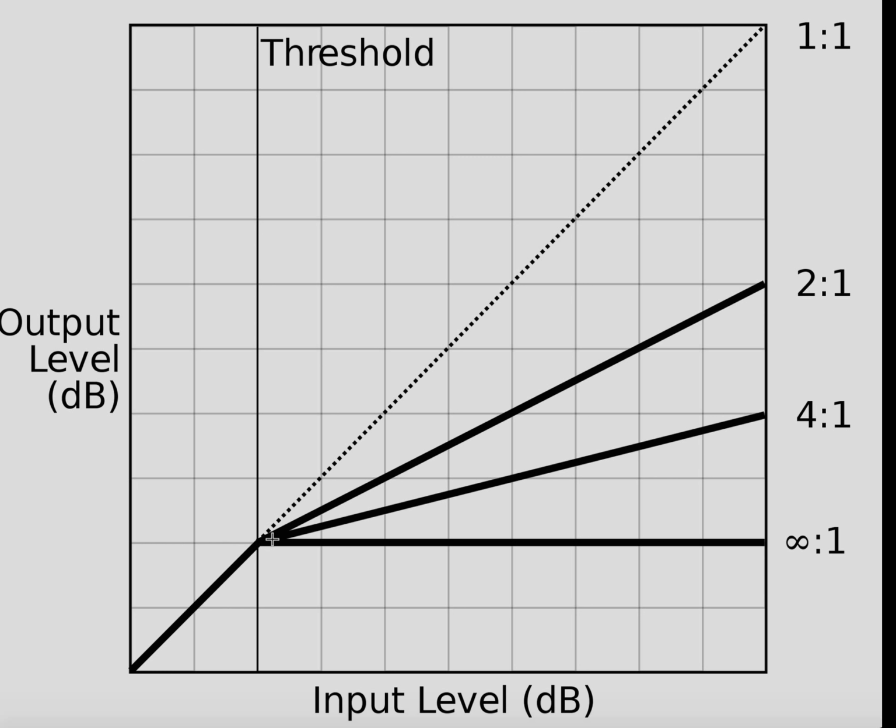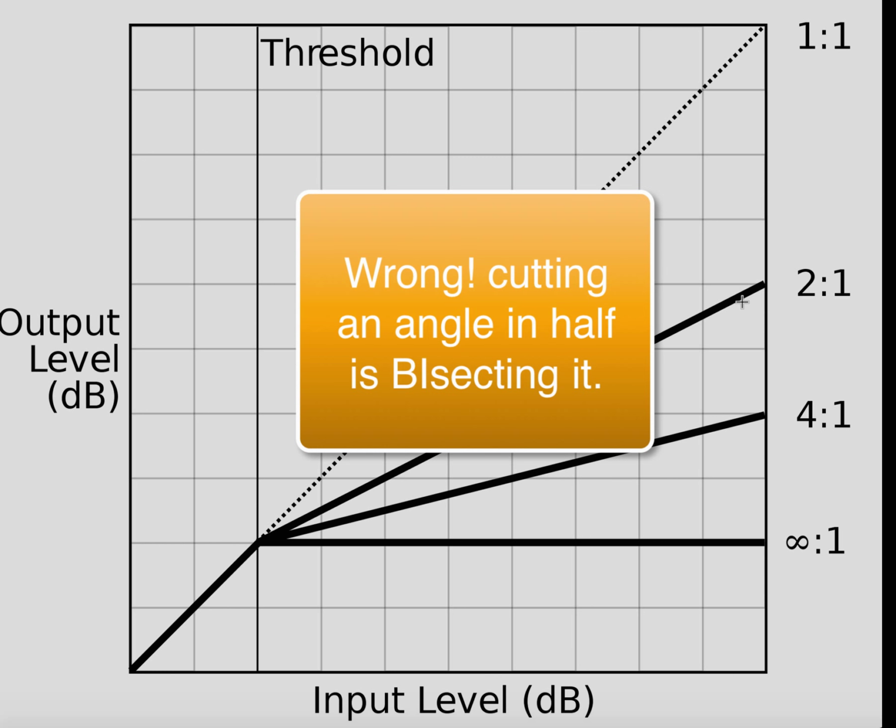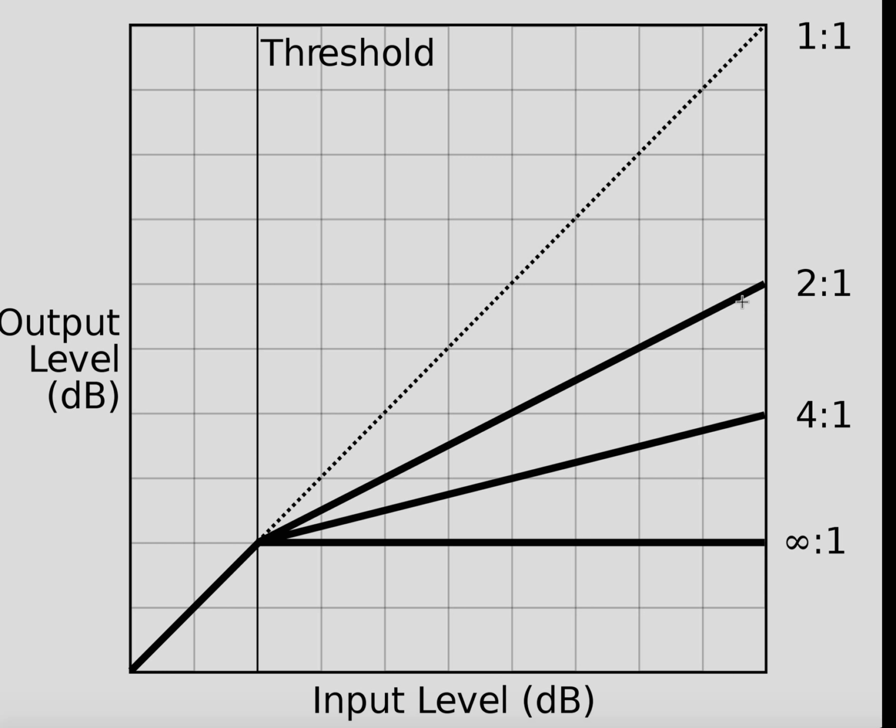So you can see that it basically cuts the angle precisely in half. Dissects the angle, I think is what they call it in geometry. So that's a 2-to-1 compression ratio. And there's everything in between, by the way. These are not your only options on anything but the cheapest of compressors.